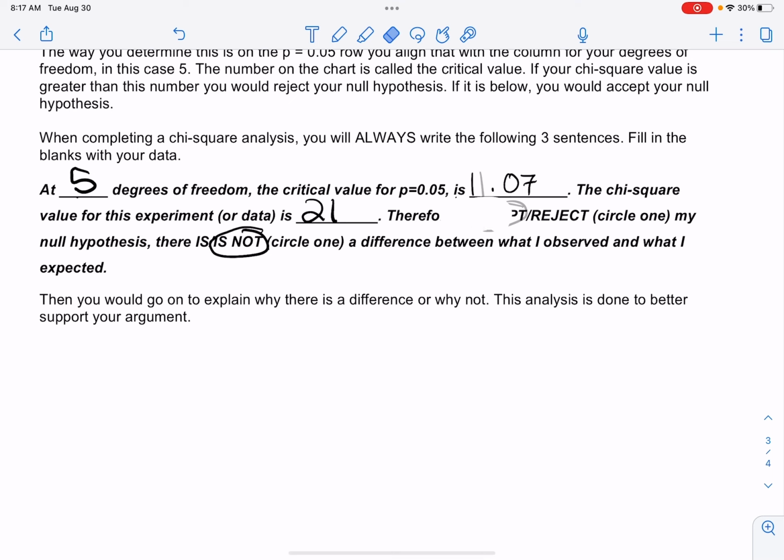Therefore, I'm going to reject my null hypothesis. There is a difference between what I observed and what I expected. So if my critical value is smaller than my chi-squared value, then I'm going to reject my null hypothesis.